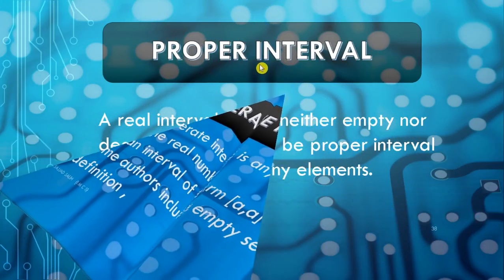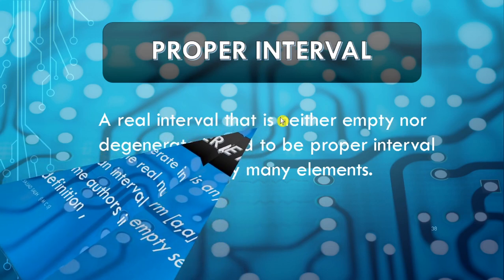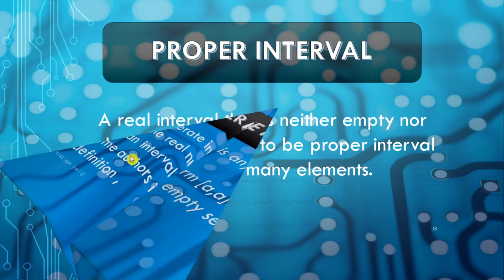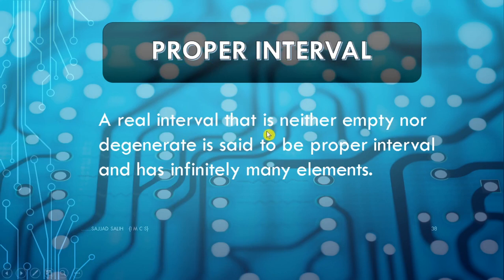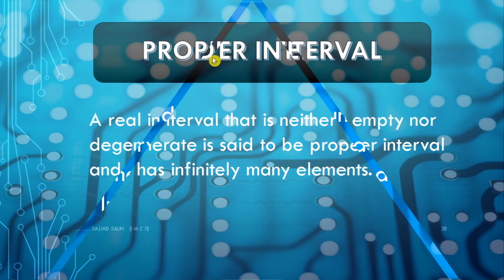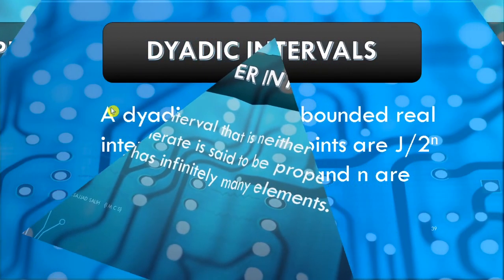And here is the proper interval. What is a proper interval in mathematics? A real interval that is neither empty nor degenerate is said to be proper and has infinitely many elements. That's why we call it a proper interval in mathematics.